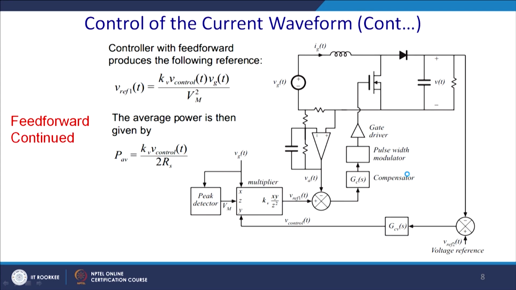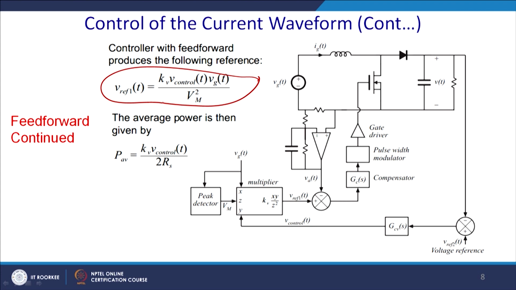Now, there is actually a feed forward control, please understand that. Generally feedback control gives the stability, but feed forward control gives the promptness, fastest in action. So, feed forward control is produced by this reference.